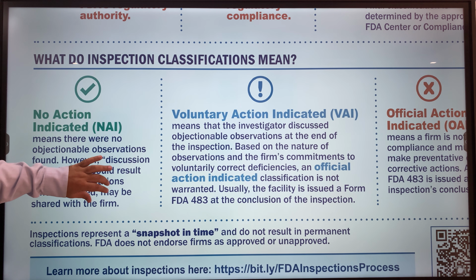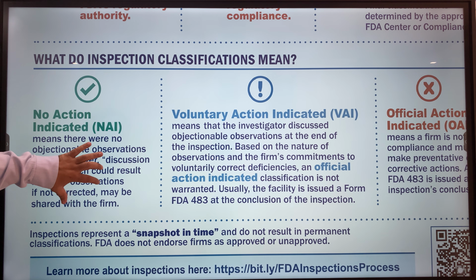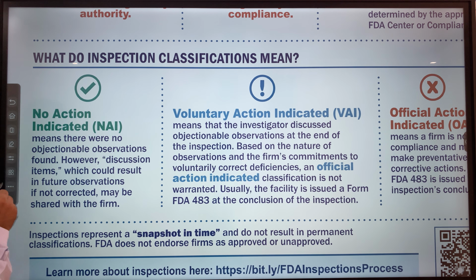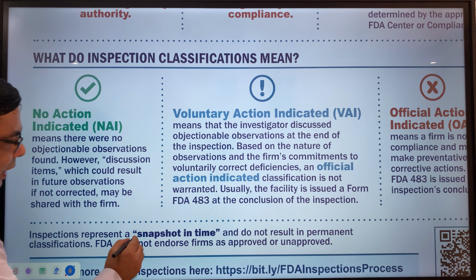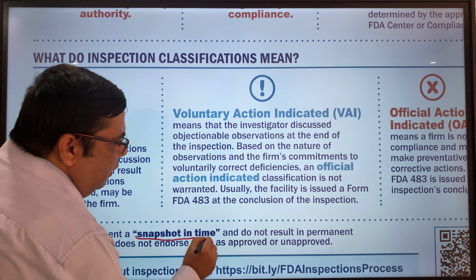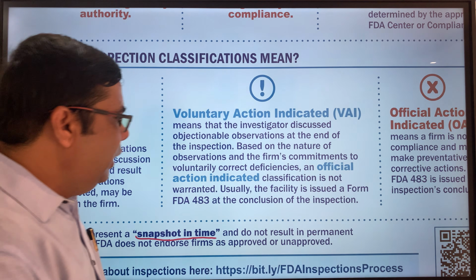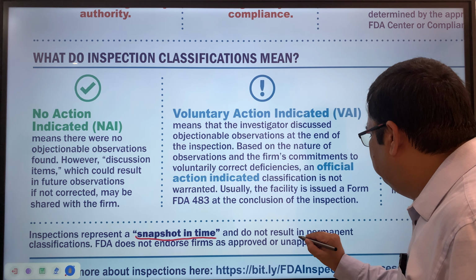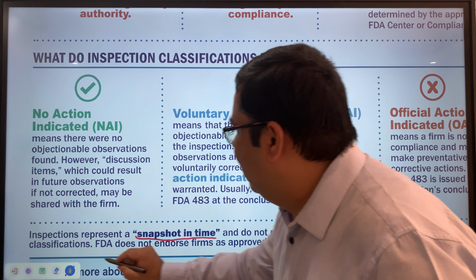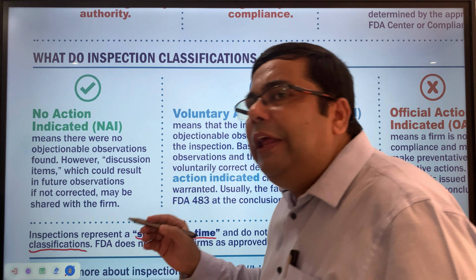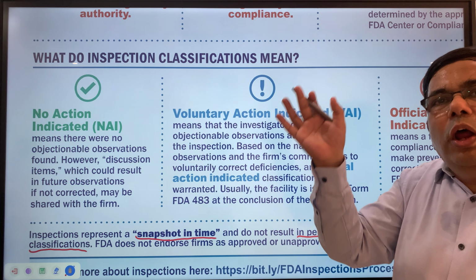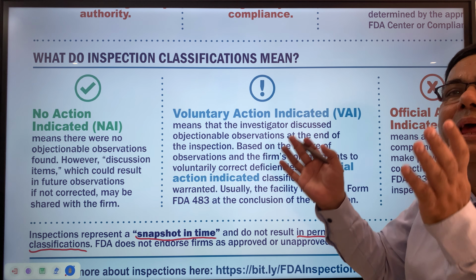Basically, when FDA is auditing, you can see here FDA is giving some points. Inspections represent a snapshot in time and do not result in permanent classification. So basically inspection is only a snapshot of the organization, showing at what extent the compliance level is.